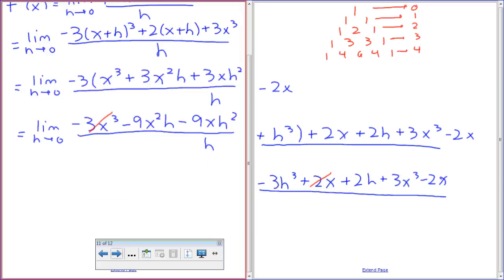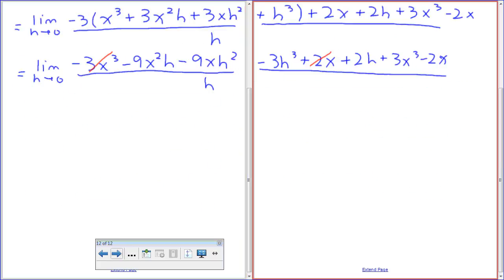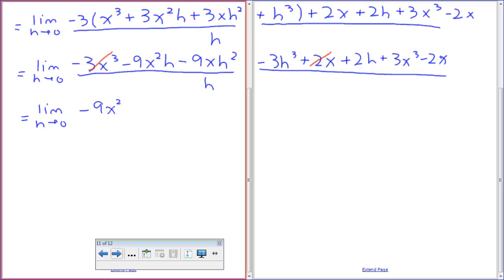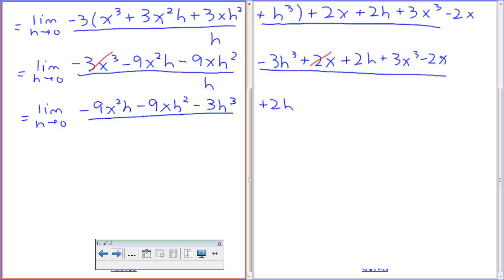Hopefully the top is okay. And this equals, for h not equal to 0, negative 9x squared h minus 9xh squared minus 3h cubed plus 2h, all over h.